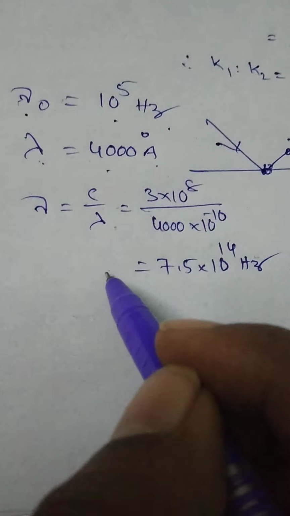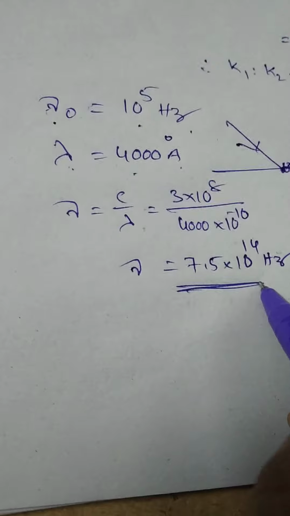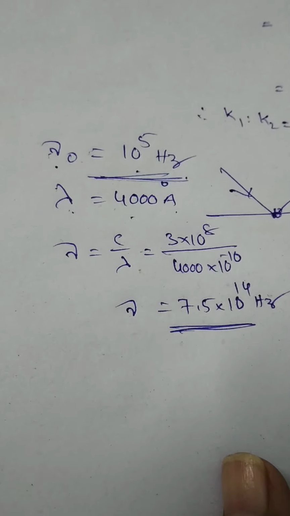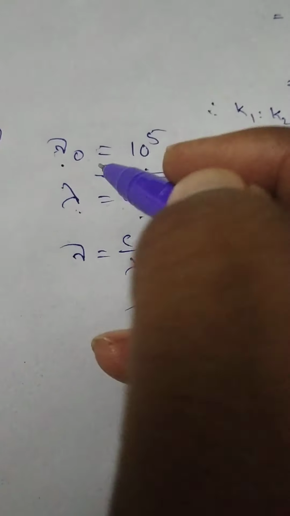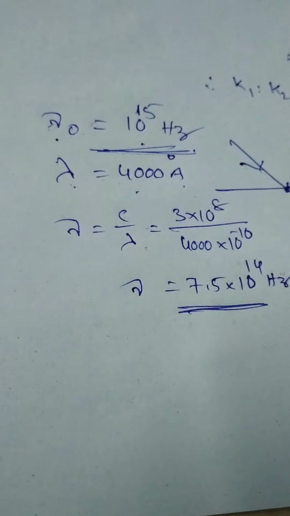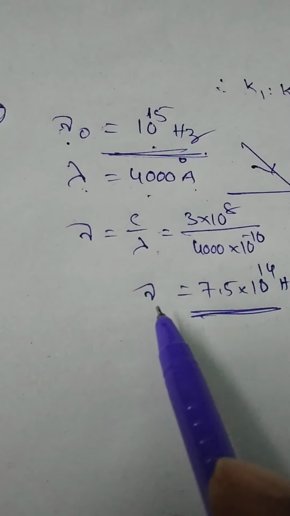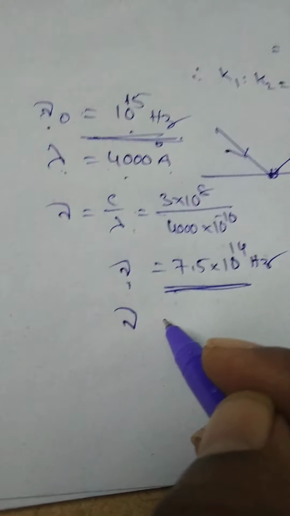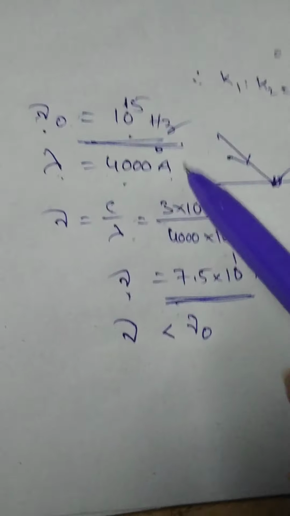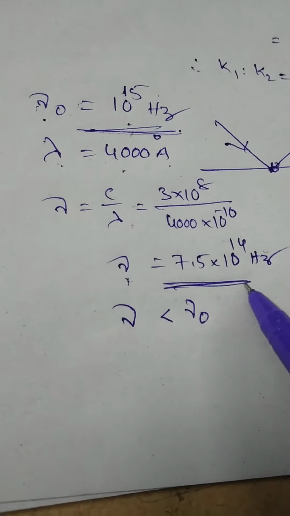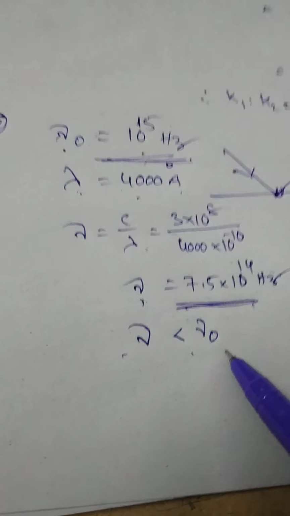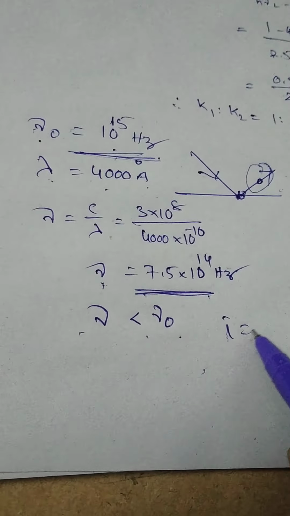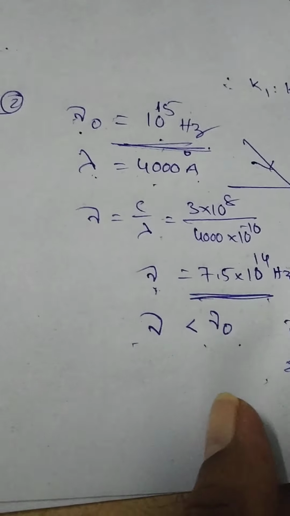So frequency of the incident photon is 7.5 into 10 power 14 hertz. Threshold frequency is equal to 10 to the power 15. Here, what is the relation between nu and nu naught? Compulsorily nu should be greater than nu naught. Nu naught is 10 power 15, nu is 10 power 14 only. So nu is less than nu naught. That's why photoelectric emission is not possible. That means photoelectric current in this situation I is equal to 0.